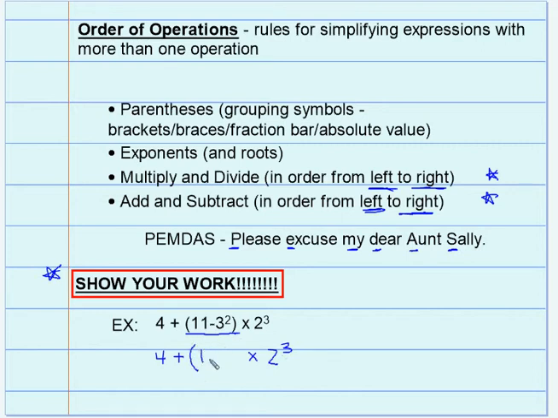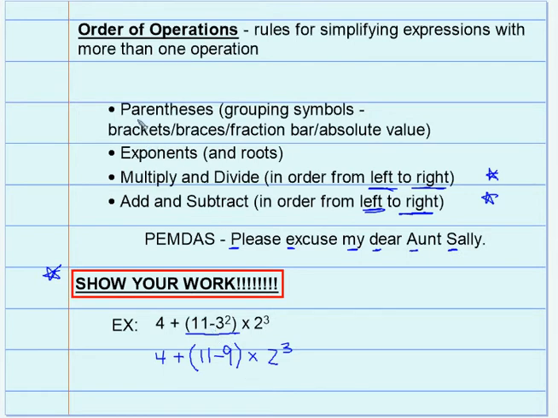So I would have 11 minus 3 squared. When you're in parentheses, then you still work the order of operations. Then exponents and roots come next. So we would do this 3 squared, which 3 times 3 is 9. That's all I could do, that step.